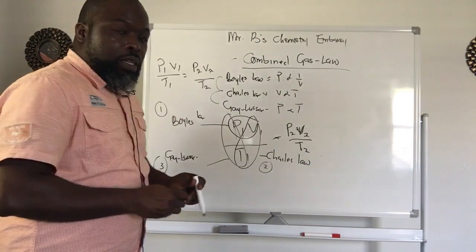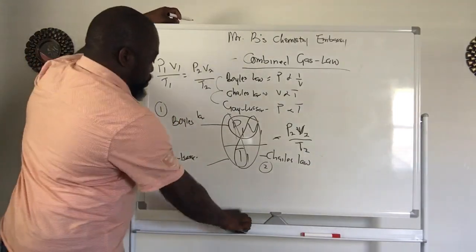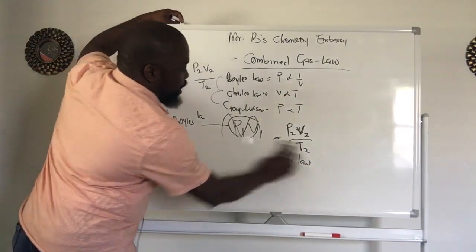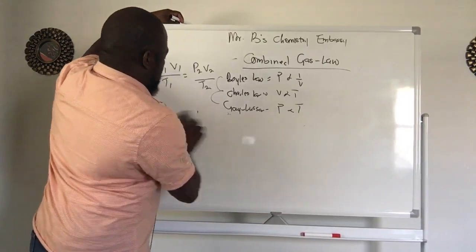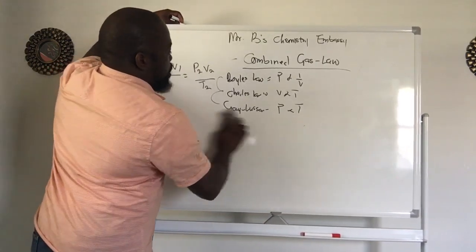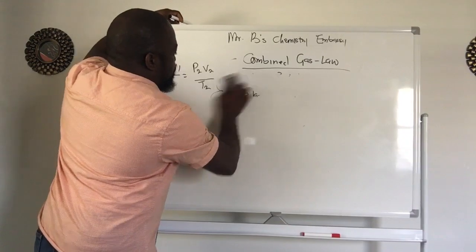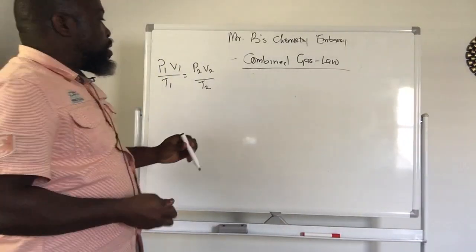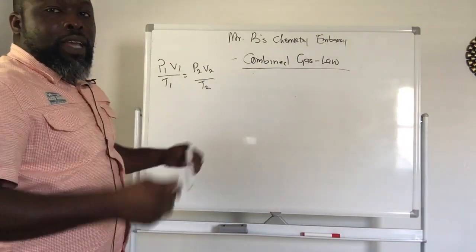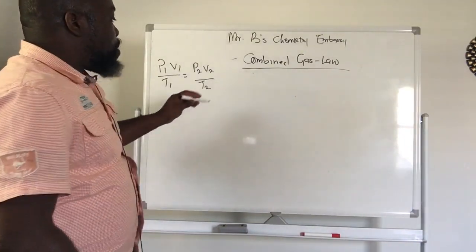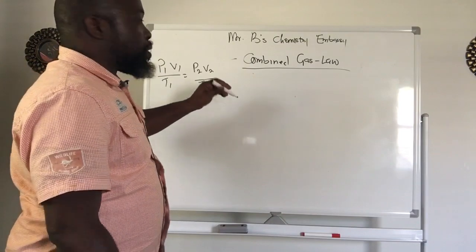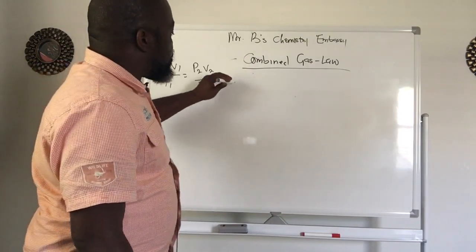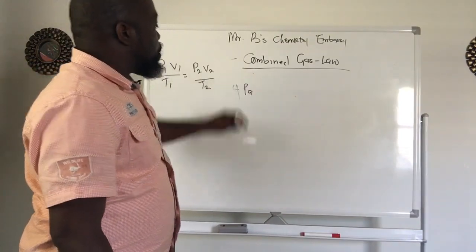Now, let's solve an easy example. Let's take an example of a balloon. Let's say a balloon has a pressure of 4 Pascal.